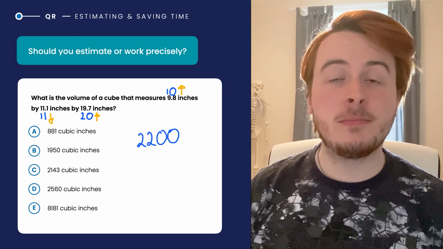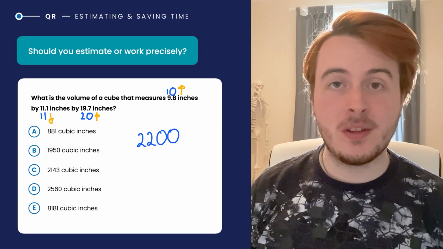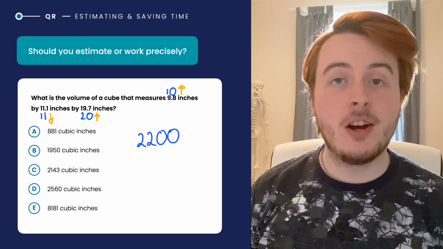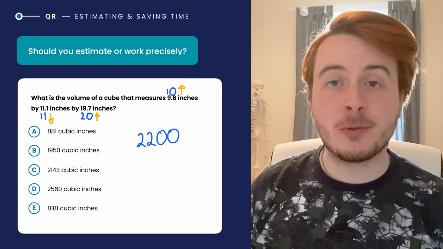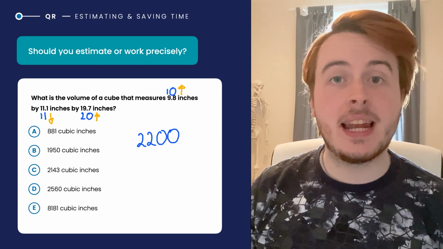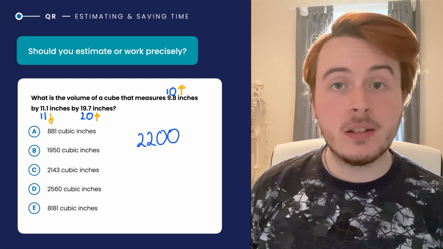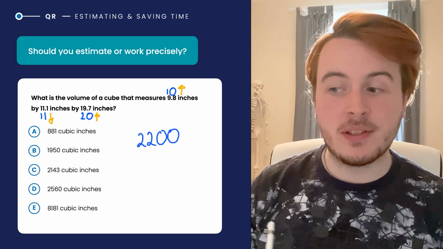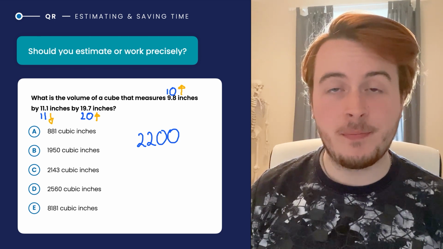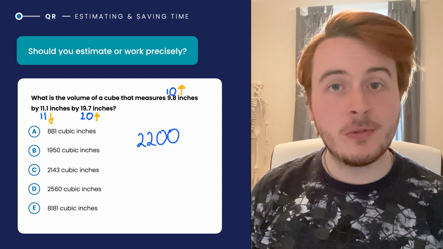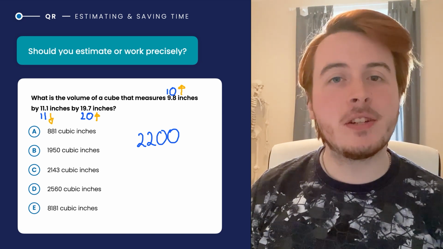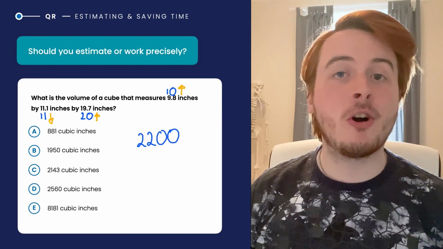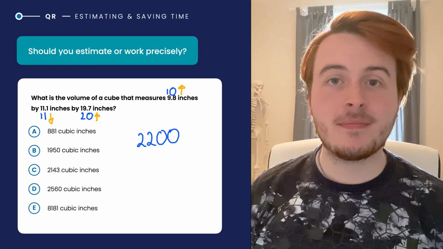That's what we call an overestimate. Look at how you've rounded your different numbers, and then you can get an idea of how your answer will compare to the real, accurate answer. Here, 2,200 is higher than answer option C, 2,143. Knowing that this is an overestimate gives us a little reassurance that we're in the right direction, so we'd be more confident selecting C.